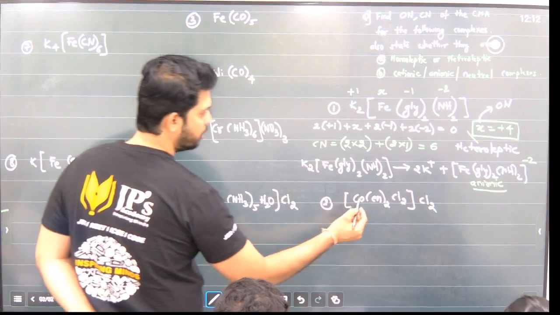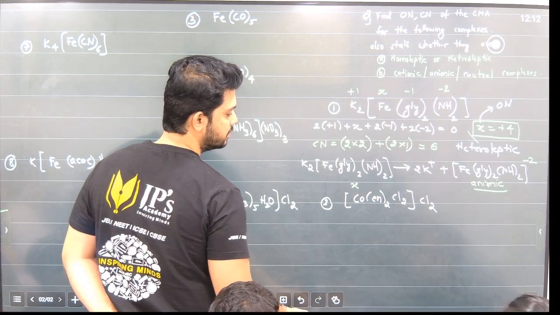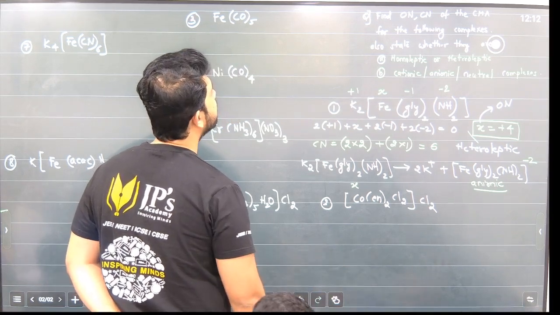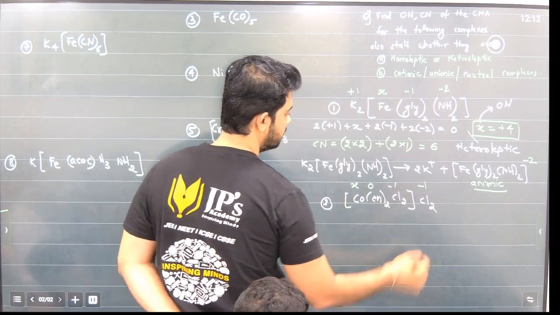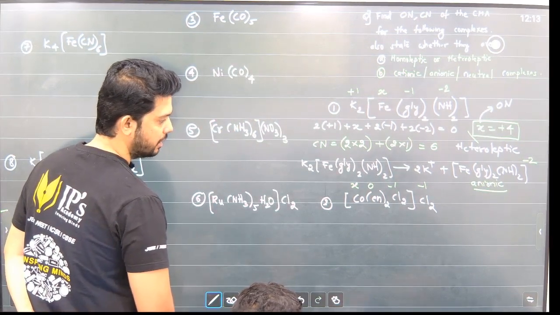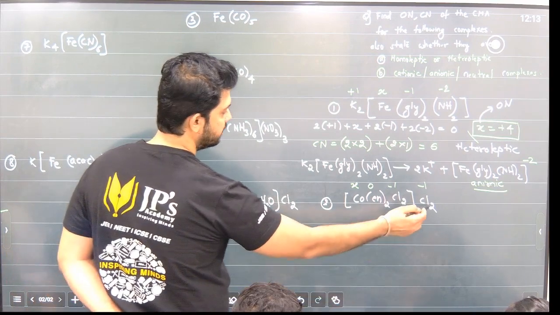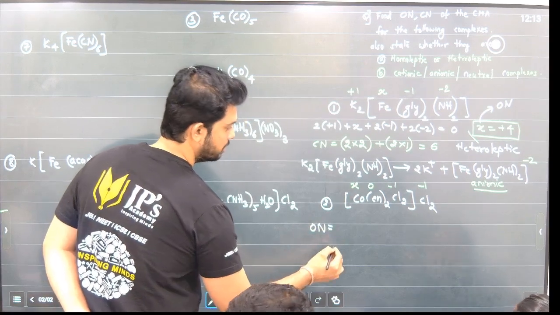Let the charge on cobalt be X. What about ethylene diamine? Check EN. What's the charge on EN? 0. What's the charge on Cl? Halogen, minus 1, and this chlorine is minus 1. So how do you find oxidation number now?